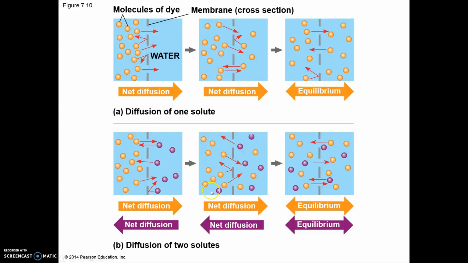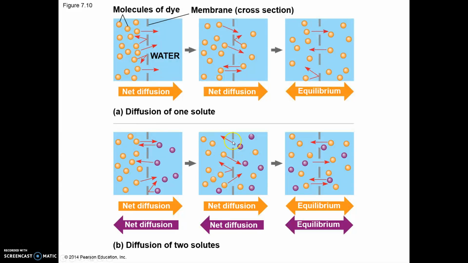As this happens, the concentrations start to change. So now you don't have 0 yellow, you just have 3 yellow, or orange, whatever we decide to call them. But this ever so slightly increases the possibility of moving back through, but still it's much more likely that one from over here will move through to here as opposed to this moving through here.